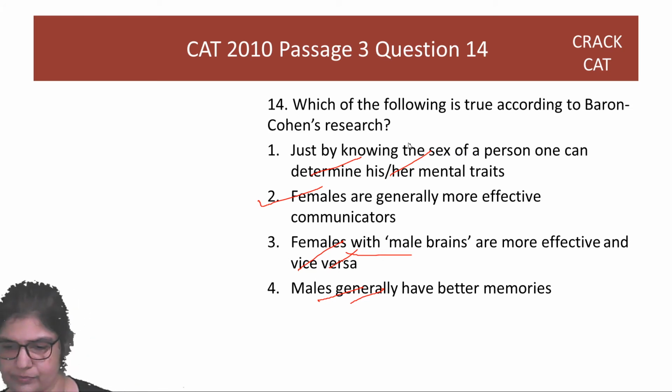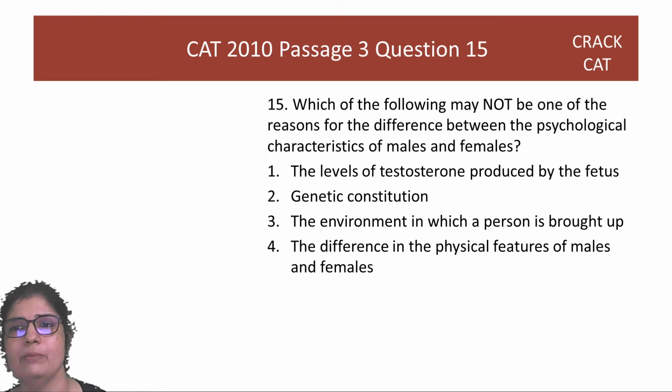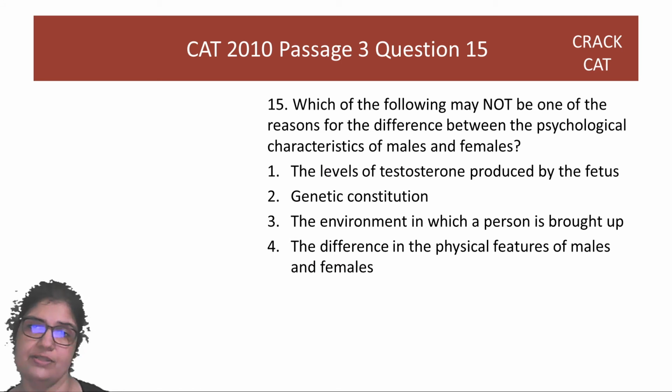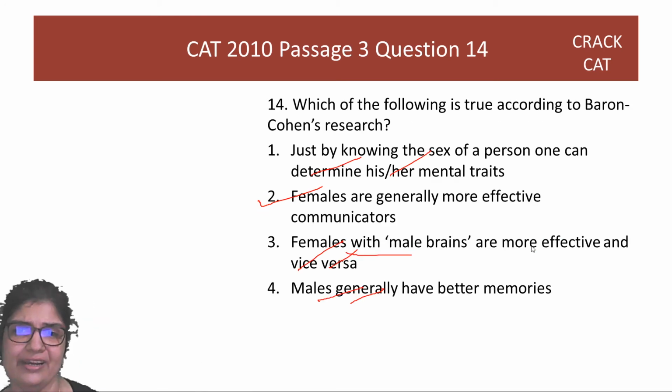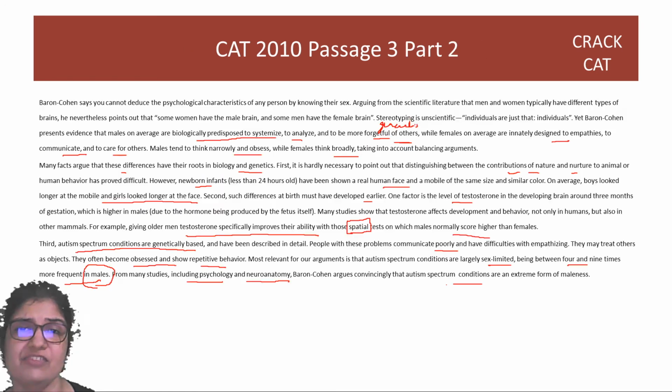15th question. Which of the following may not be one of the reasons for the difference? So testosterone is a difference. Genetic बोला गया है difference. Nature nurture का भी रोल है, दोनों का रोल है, ये सब बताया गया है. Physical features का कुछ नहीं बोला है ना. Height, weight, physically how male and female look.